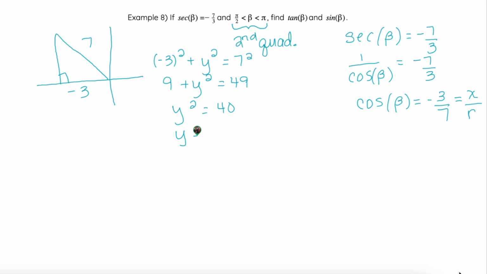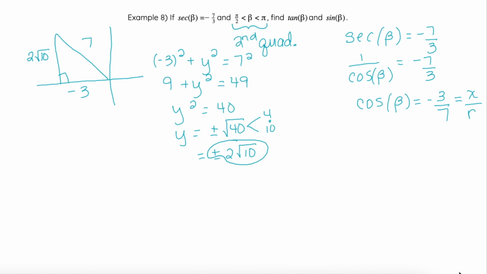Y is equal to plus or minus the square root of 40. I know 40 is the same as 4 times 10, and I can take the square root of 4, so plus or minus 2 square root 10. Now, because we're in the second quadrant, our y value is positive, so we can ignore the negative version. And now we have our x, our y, and our radius.